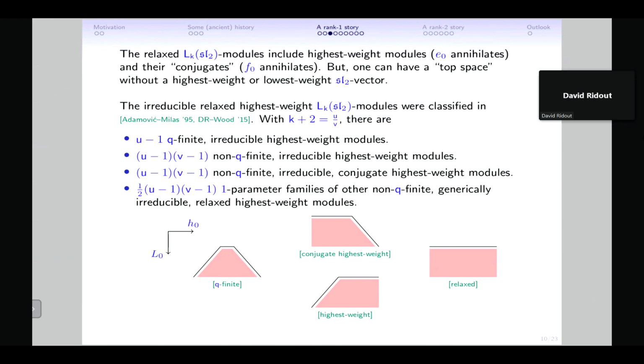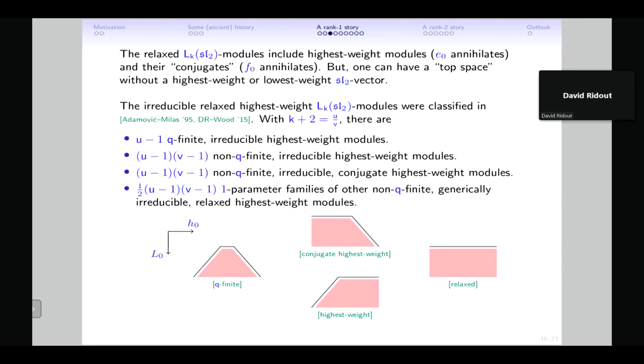Okay, I said before that Dražen and Anton have classified the irreducible relaxed highest weight modules. And so it turns out that if we stick with the highest weight or the conjugate highest weight, there's only finitely many of them up to isomorphism. And so this is what initially led people to think that maybe we have some sort of rational vertex operator algebra for these fractional levels.